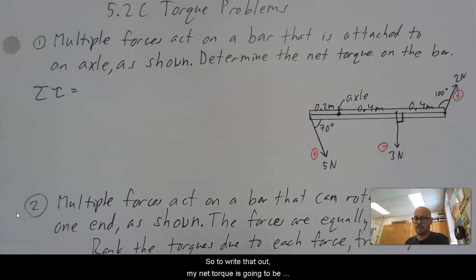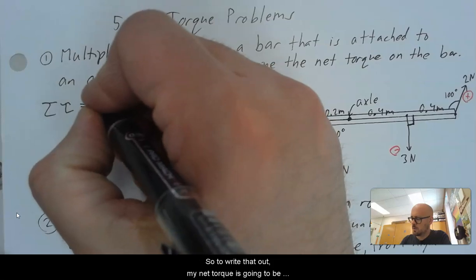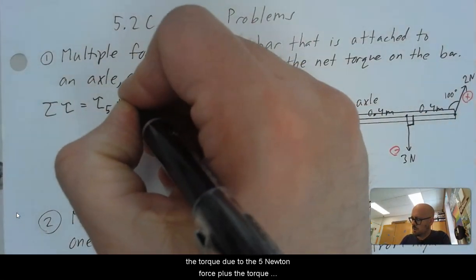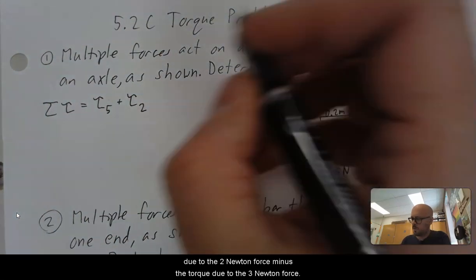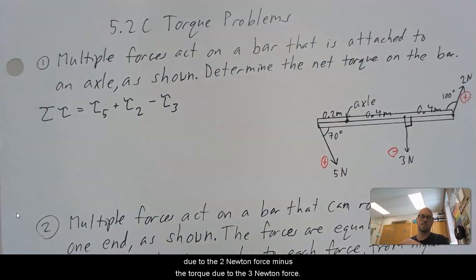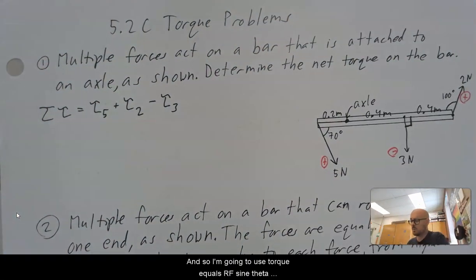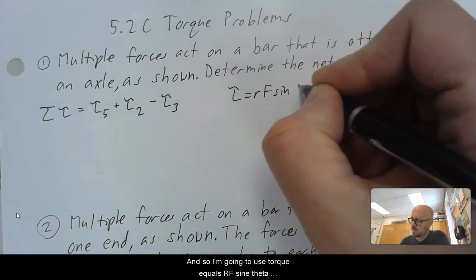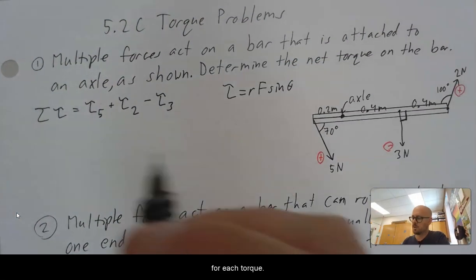So to write that out, my net torque is going to be the torque due to the 5 Newton force plus the torque due to the 2 Newton force minus the torque due to the 3 Newton force. And so I'm going to use torque equals RF sine theta for each torque.